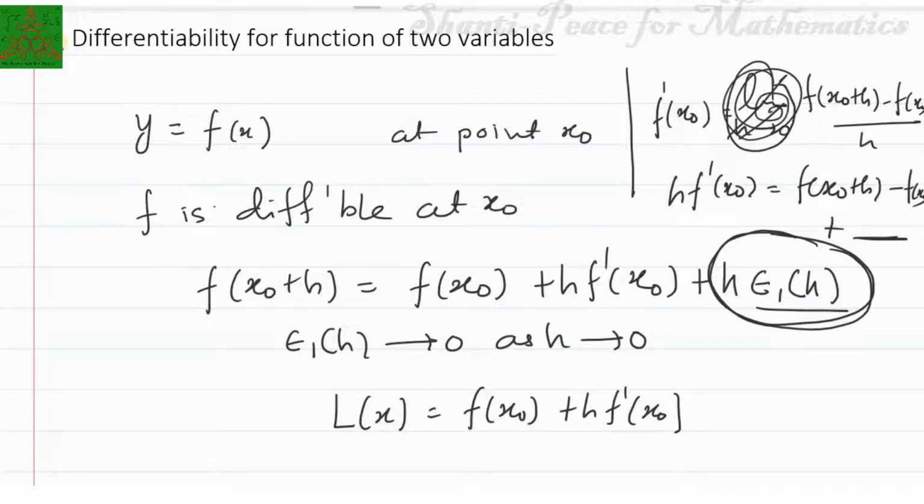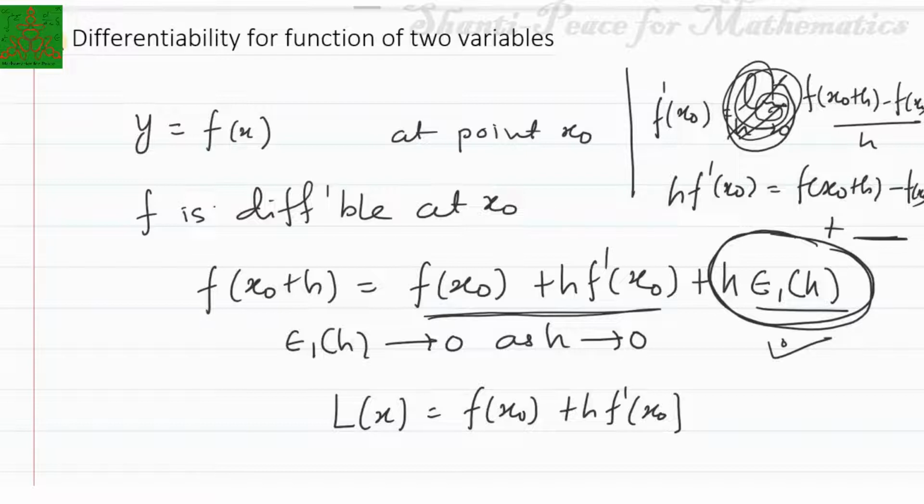That error term is what we have written here. This quantity, L of x, is nothing but the linear approximation of the function, and this epsilon of h is the error in that approximation.